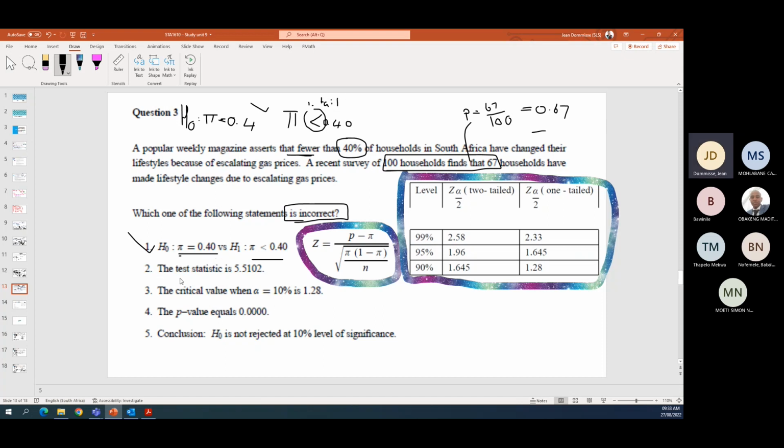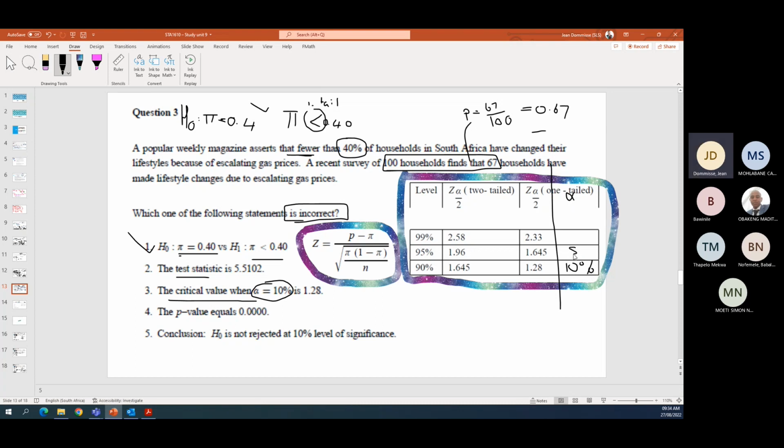We need to work out the T-stat. We need to find the critical value. So let's see, 10%, 100 minus 90 is for 10% alpha. We can actually, if we put in here, we can say the alpha here is 10%.